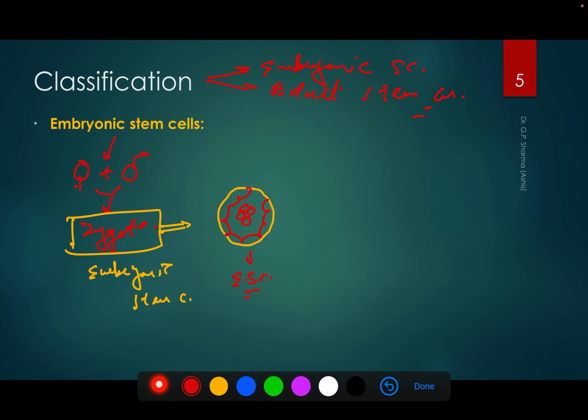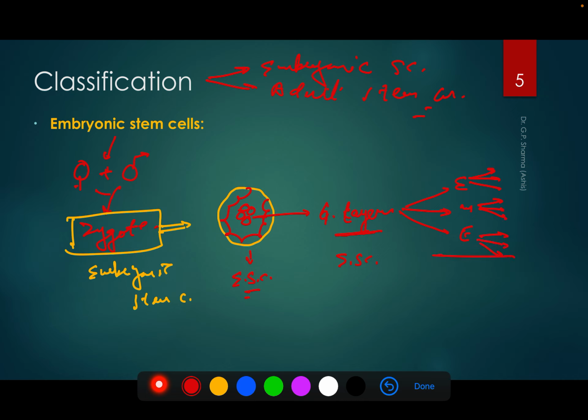Is that okay? This inner cell mass begins to form the germ layers or germ cells. They are also embryonic stem cells, and these germ cells divide into the ectoderm, mesoderm, and endoderm. The ectoderm has multiple cell lines, the mesoderm has multiple cell lines, the endoderm has multiple cell lines.